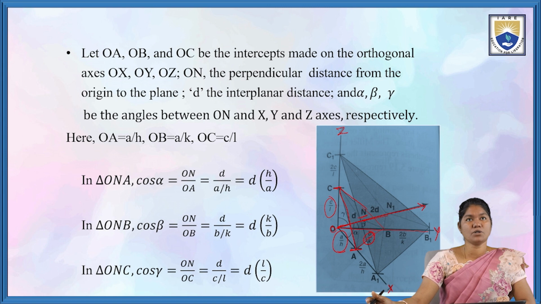So let OA, OB, OC be the intercepts made on the orthogonal axes OX, OY, OZ.